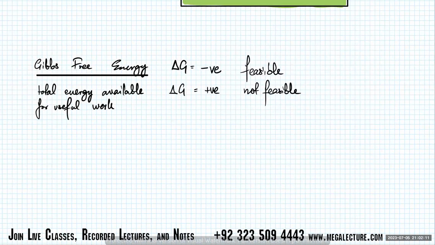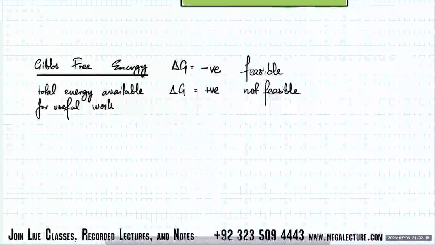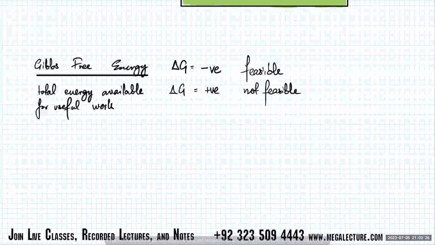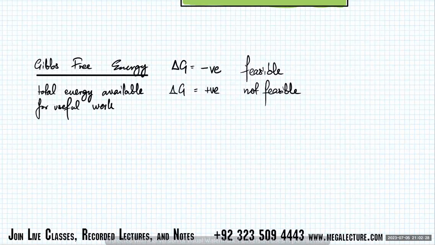Vice versa, if you do the same reaction at 1000 degrees centigrade, like there's an oven at 1000 degrees centigrade, and you put a bowl of water into that oven, then it's going to be very feasible. Because the system has a lot of energy and it's going to release a lot of energy. So it's going to do all the work on its own. It doesn't need any help from outside.